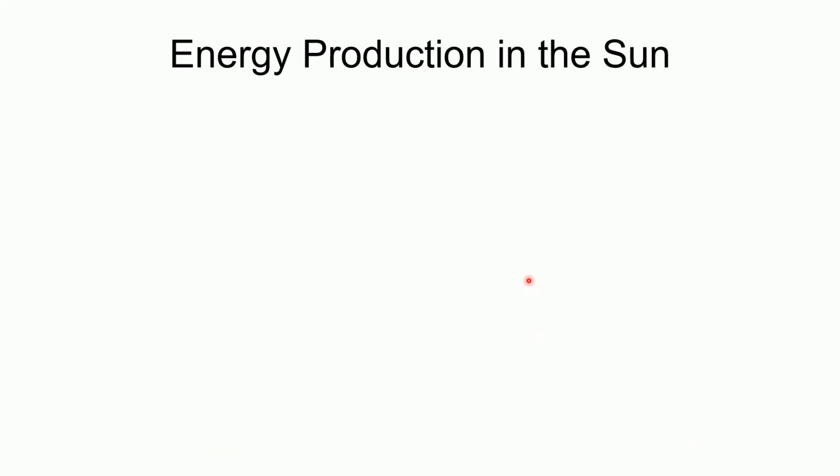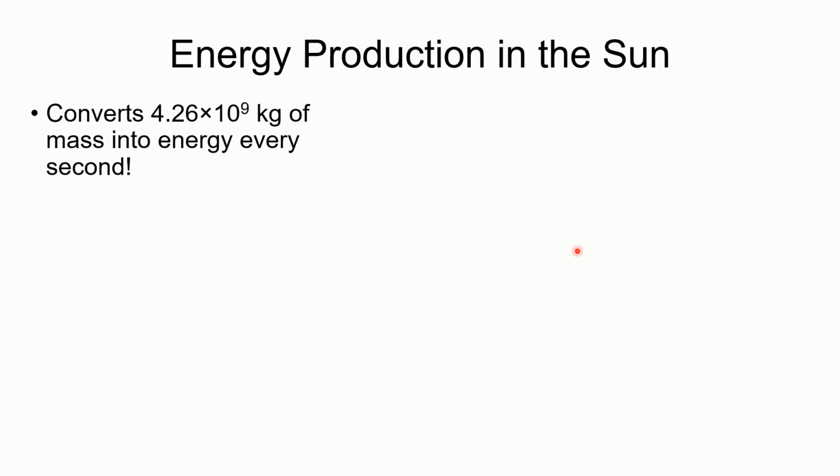So we want to look at energy production in the sun, because the energy that comes from the sun is by doing these fusion reactions, like that second one we just did. We'll find that in the sun about 4.26 times 10 to the 9 kilograms of mass is converted into energy every single second.